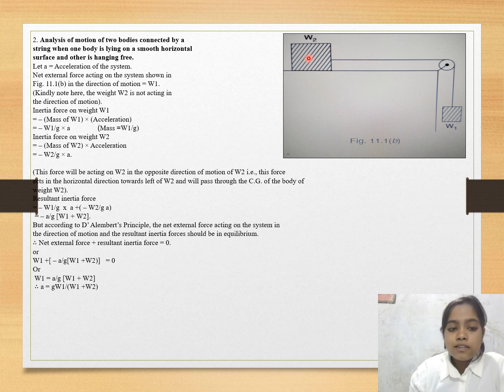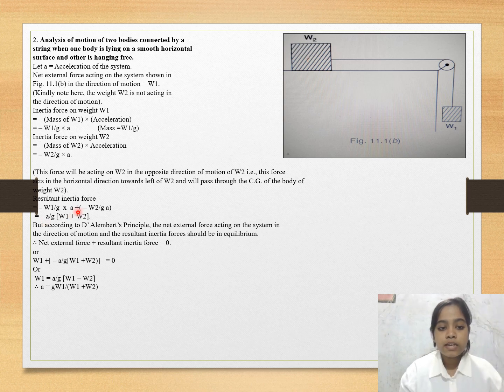So minus W1 by G into A plus minus W2 by G into A, by adding this, we get minus A by G bracket W1 plus W2. But according to D'Alembert's principle, the net external force plus the resultant inertial force should be 0.